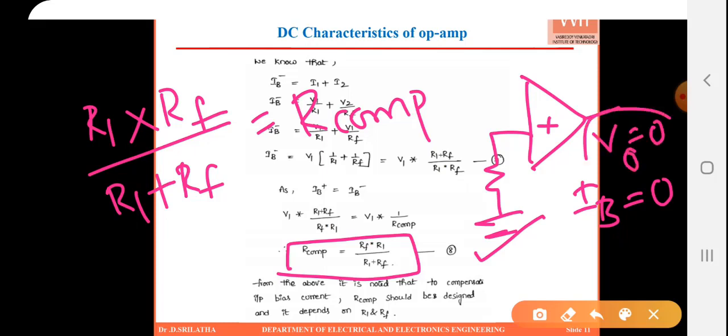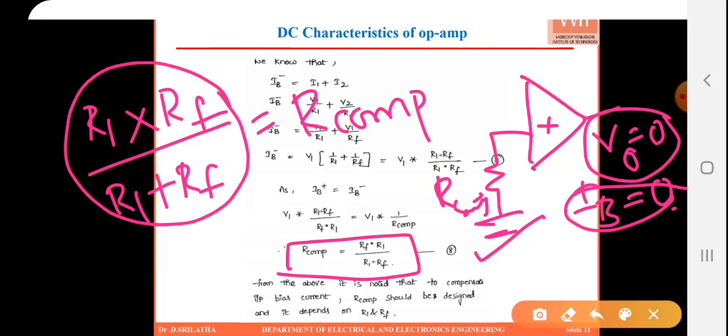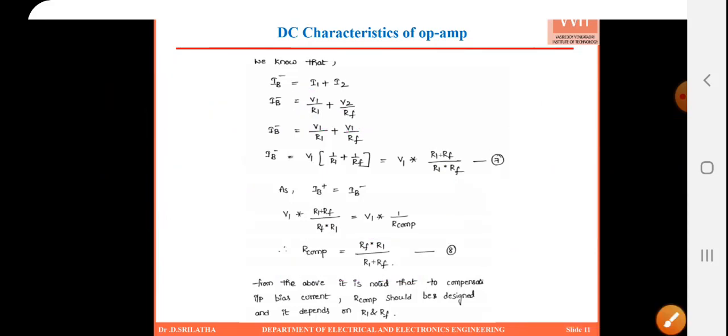Its value depends on two parameters, the input resistance and the feedback resistance. In this way, by using this compensating resistor, we can reduce the effect of bias current on the output voltage. Okay, thank you.